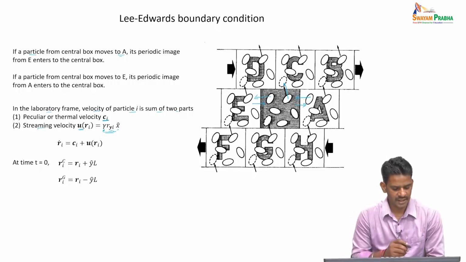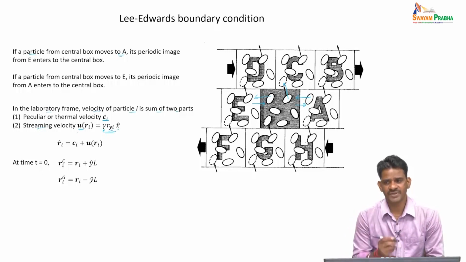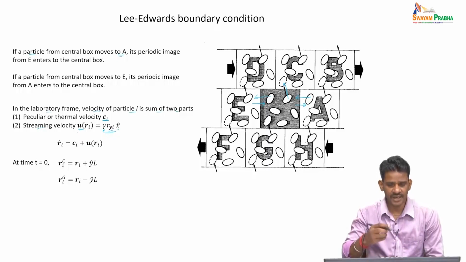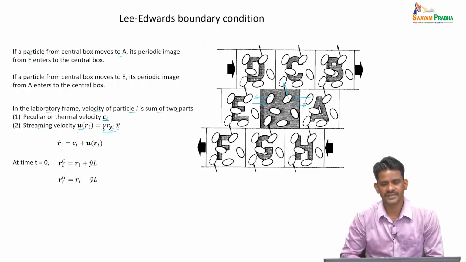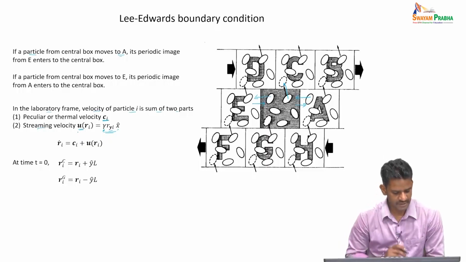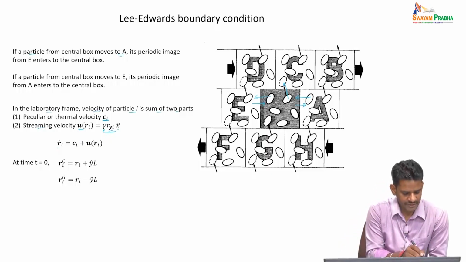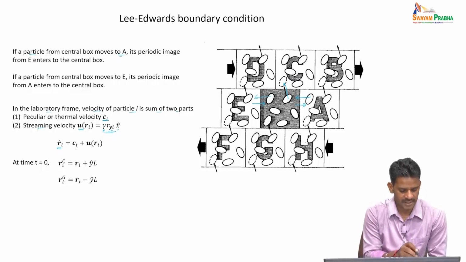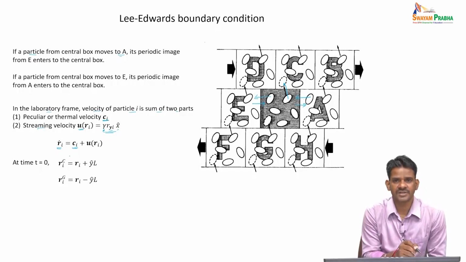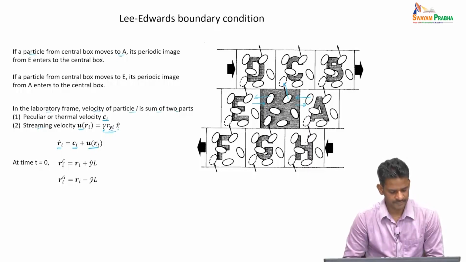So, that is the streaming velocity that happens only in the x direction, and it depends on at what height, at what y length scale, the particle is. Then we can write the velocity of the particle, r_i dot, as having two parts: this is the thermal or peculiar velocity in the absence of shear, and this is the streaming part that comes because of the shear.